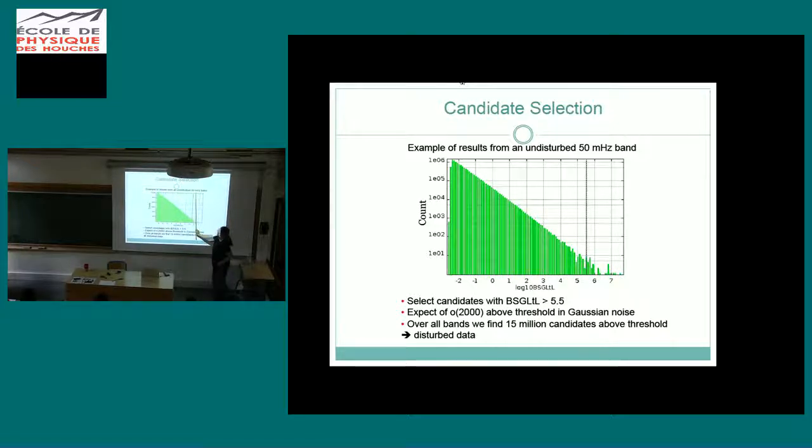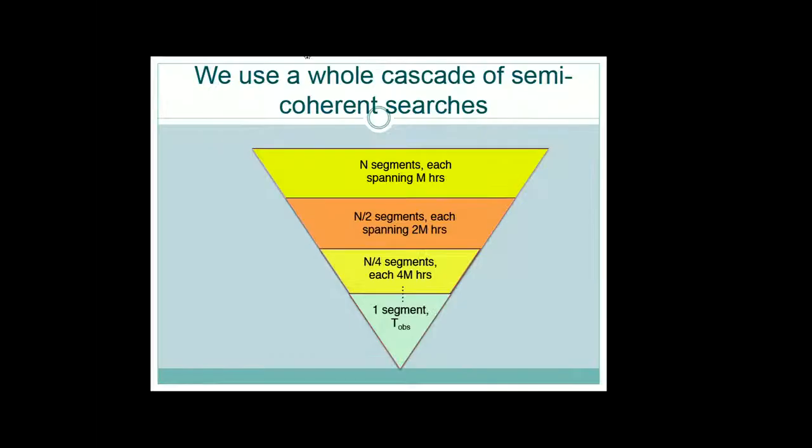It's not a threshold above which, if something is found, we will believe it's a real gravitational wave. It's just a place where we set a threshold for further inspection. With a threshold here, if the noise had been well behaved, we would have expected of order 2,000 events. We got 15 million. So yes, the noise was very disturbed.